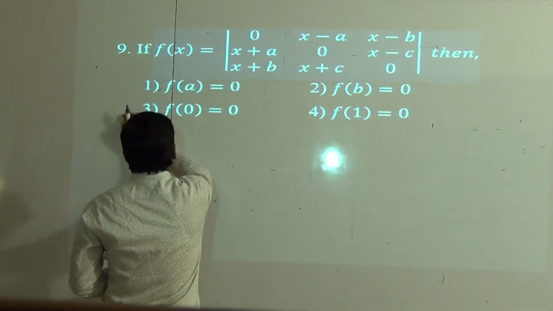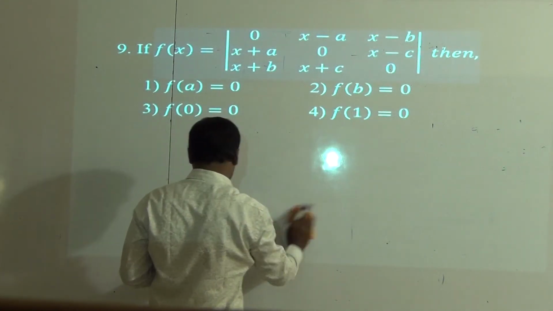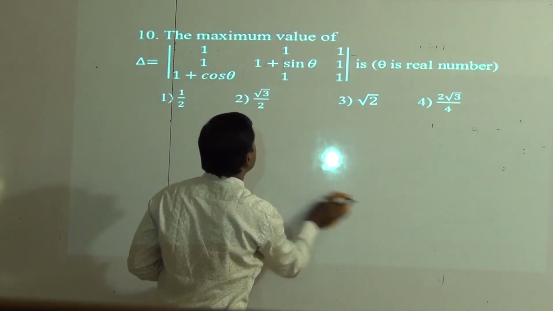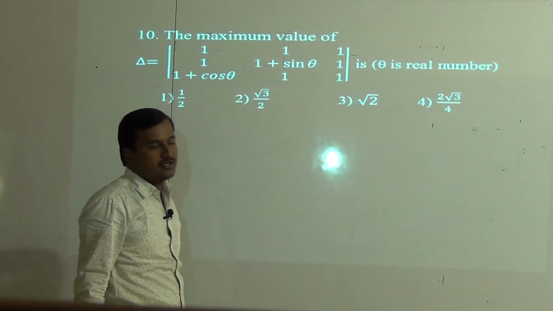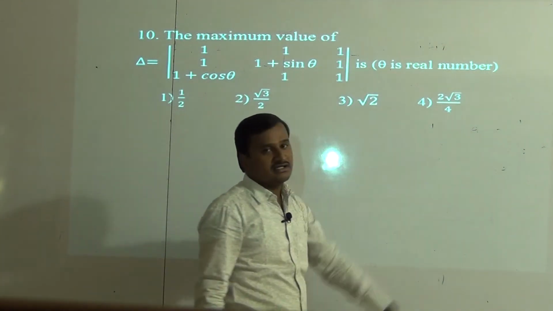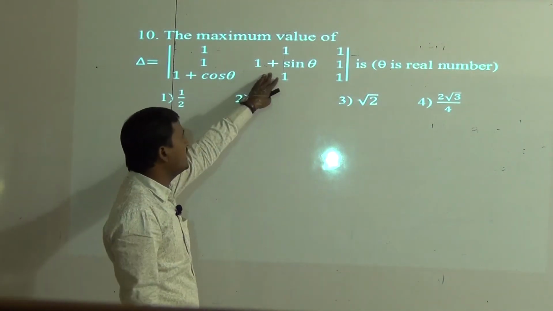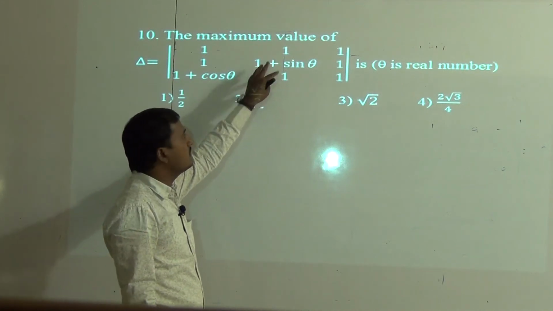So the next question is this one. The maximum value of this determinant, where theta is a real number, so here we should find the maximum value of this determinant.